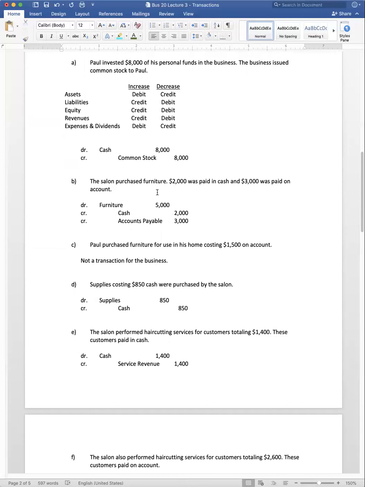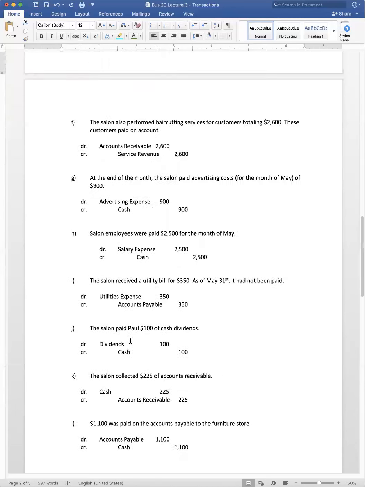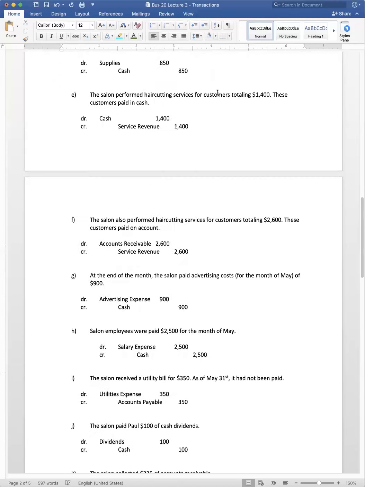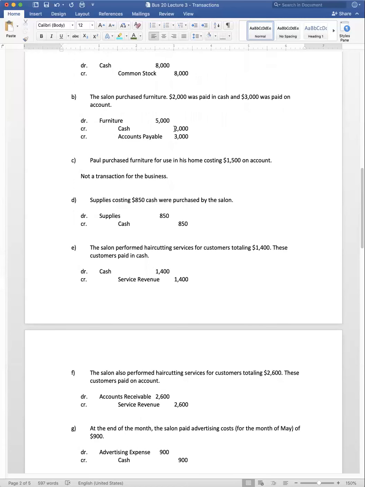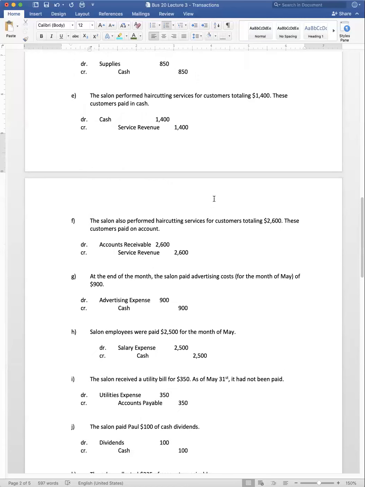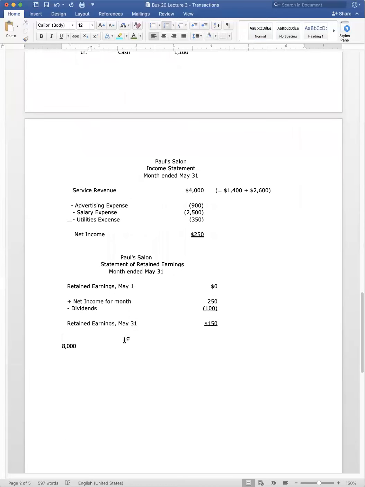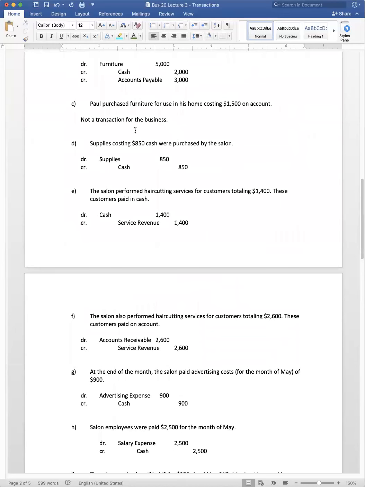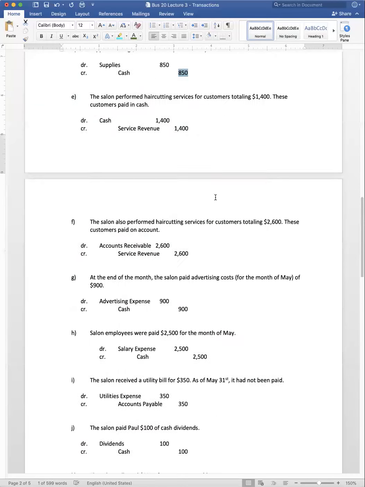Okay, so for cash, we started out with $8,000, right? So we've got $8,000 of cash. And then let's see, transaction B, we spent $2,000 of cash. So we're going to subtract $2,000. All right, and let's keep going. C wasn't there. In D, we spent $850 of cash.